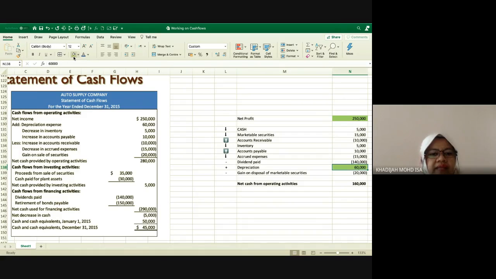And then inventory decrease 5,000. Yes, we add plus. And then accounts payable 10,000. Yes, accounts payable 10,000 is correct. And then accounts receivable minus 10,000, correct. Accrued expense minus 15,000. Minus is correct. And then gain on sale of securities 20,000. We have it.